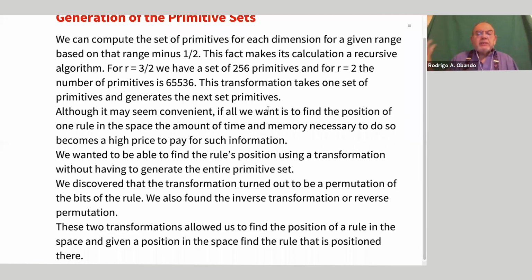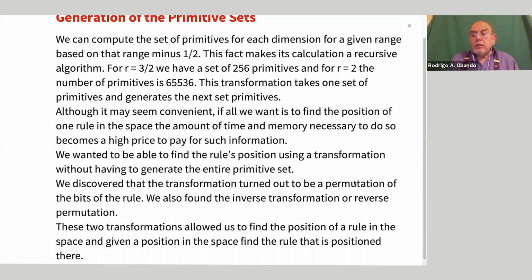We were transforming the entire set, so I needed an entire set to generate the next set. And that is what became a little bit difficult when you went into the number of primitives like this one, 65,536. If you want to generate the next one, which will be 4 billion, then if you just want to know the position of one rule in this particular space, I will have to generate all of this, which is a lot.